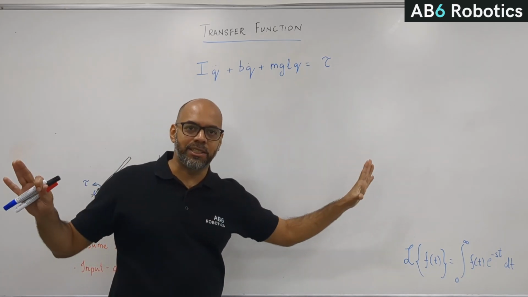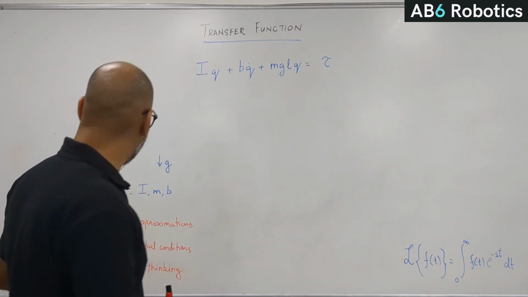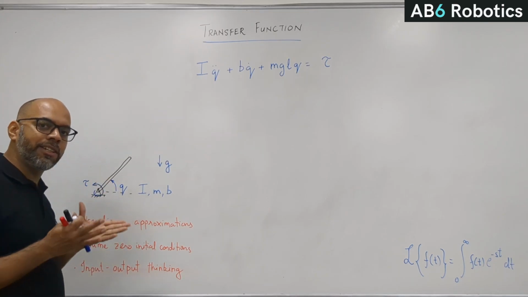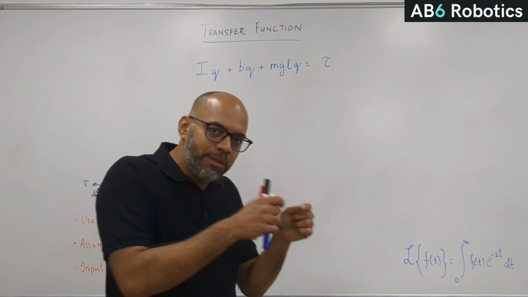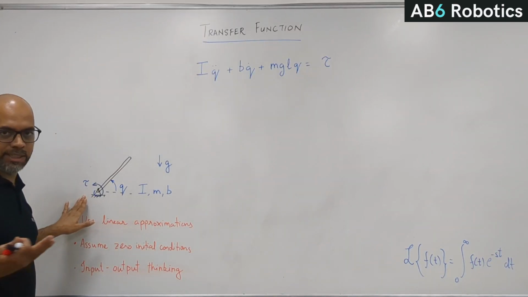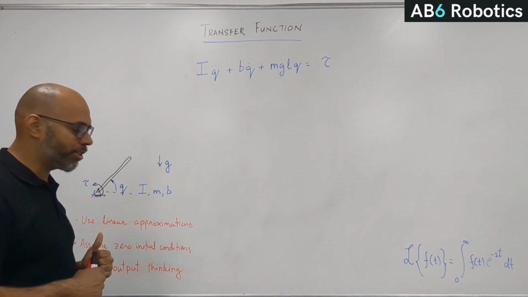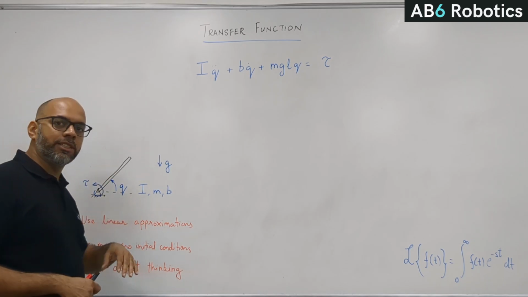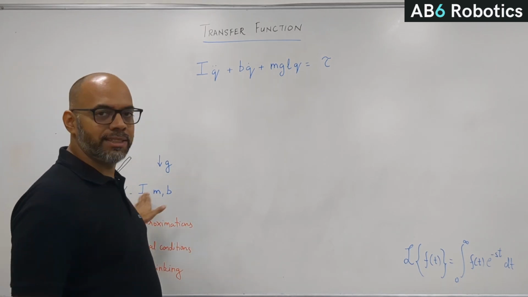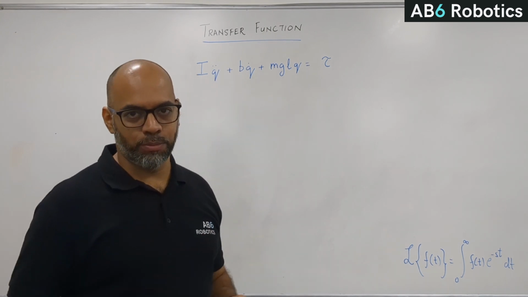It's just a relationship between all the variables involved. But once you start talking about transfer functions, you are now switching your thinking to what is the input to the system. In this case, the natural choice would be that I'm applying a torque to the joint, so the torque is the input. And the output is what the robot does, and in this case we can say it's Q. The joint angle is the output.